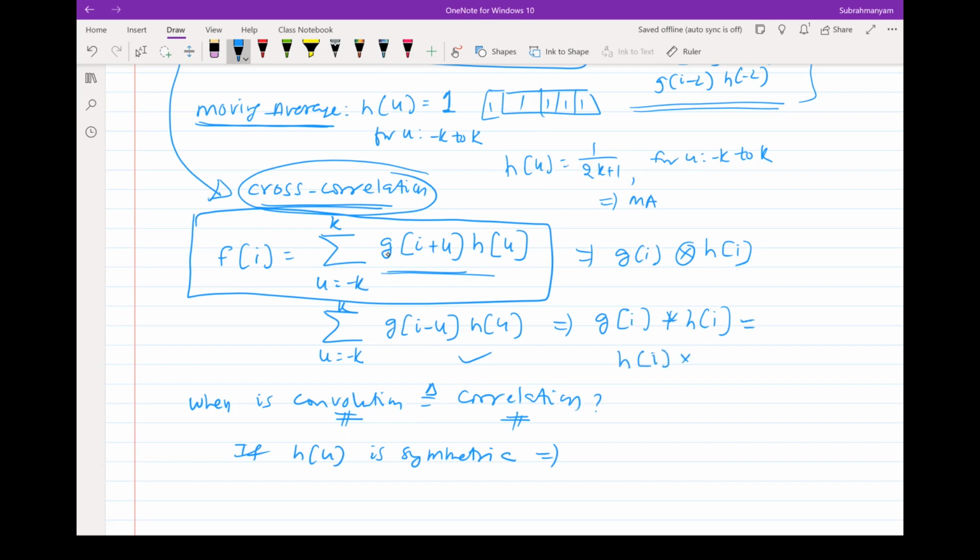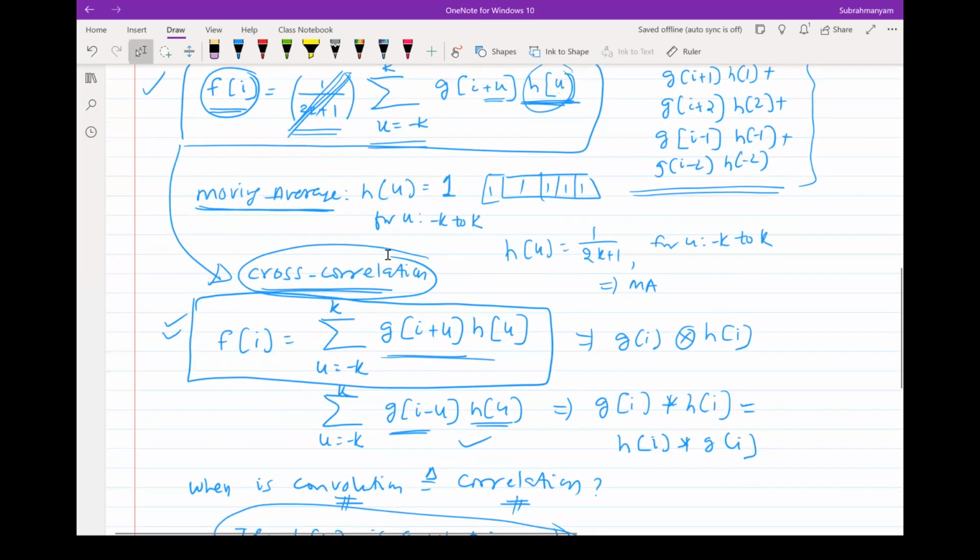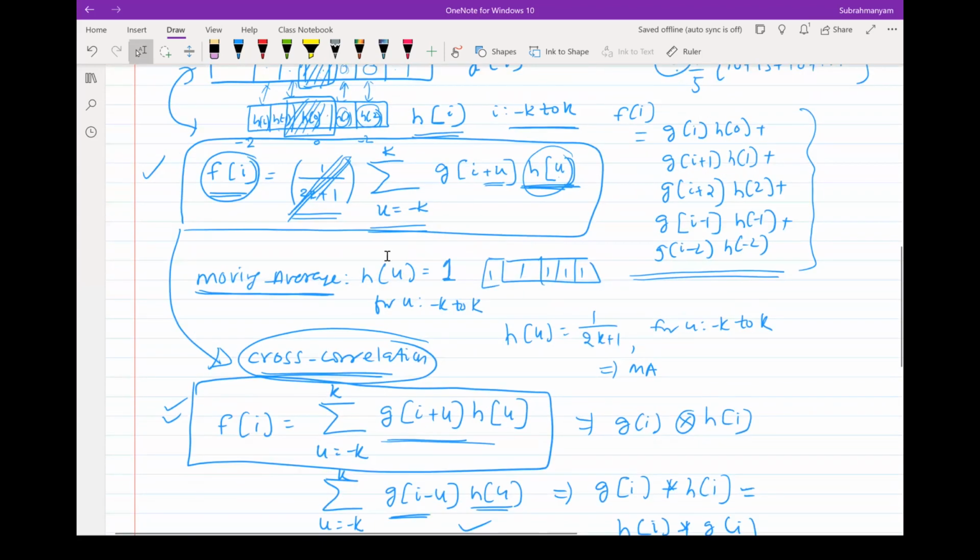This is equal to h of I convolved with g of I. Using that, you could write this expression, and you will see that all you need to do while doing convolution is flip the mask or kernel, then multiply the corresponding elements and sum them up. So if your h of u is symmetric, then convolution and correlation are going to give you the same results.